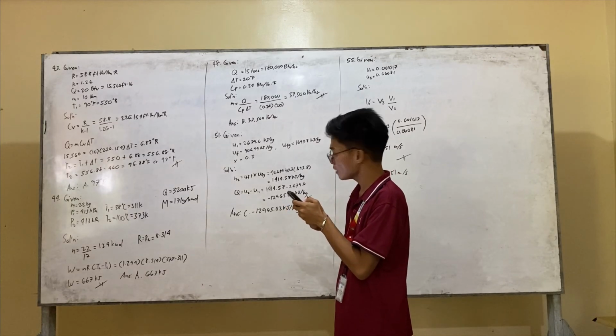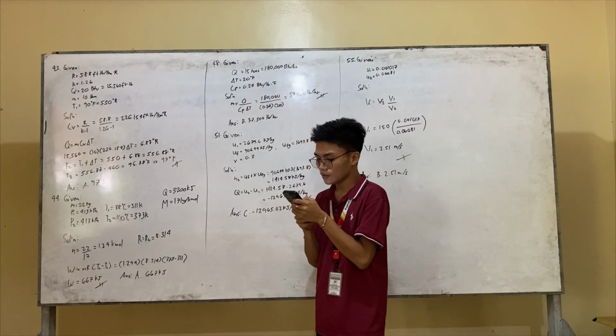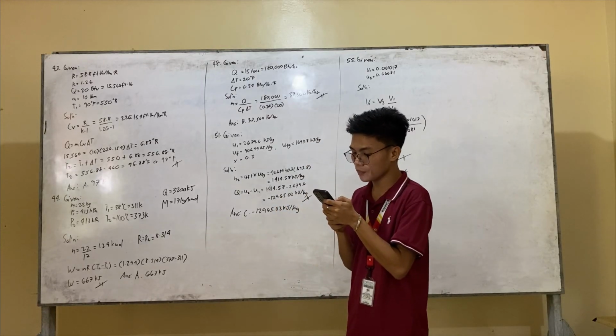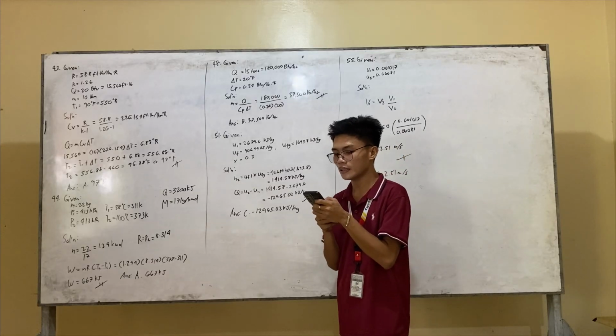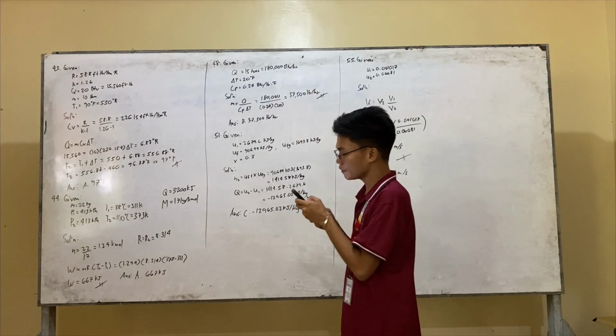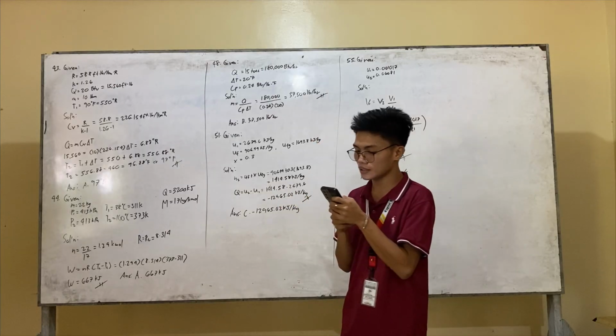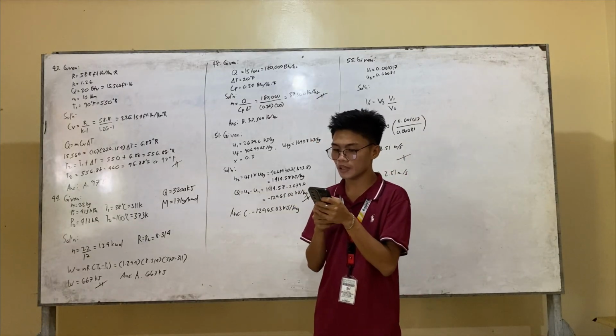At 2 MPa, which is saturated, our v sub f is 0.0011767, and our v sub g is 0.09963 cubic meter per kilogram.